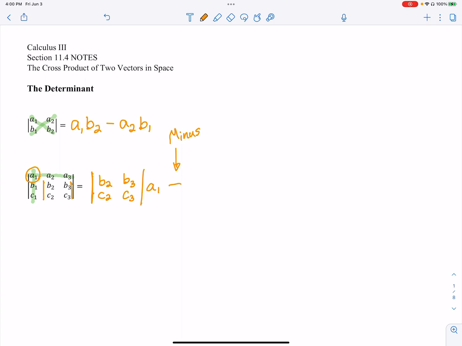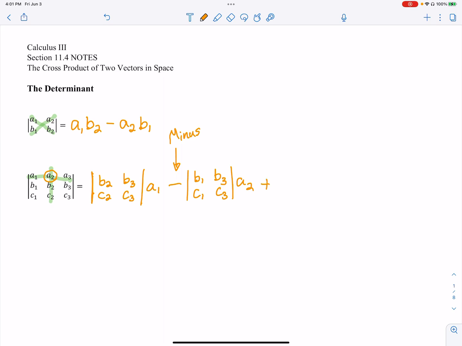So be very careful. How I get the second part is I mark out the second column in the first row, and I circle its intersection, and I write down the ones that are not highlighted, B1, B3, C1, C3, and then I put the number that's there, A2. Then we do a plus.